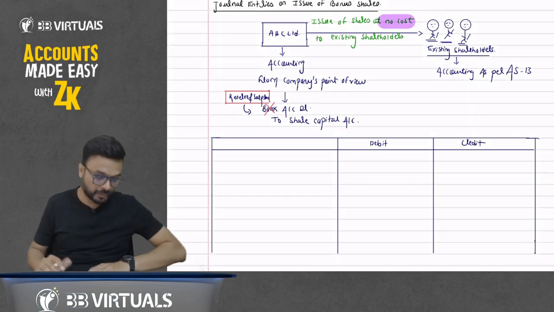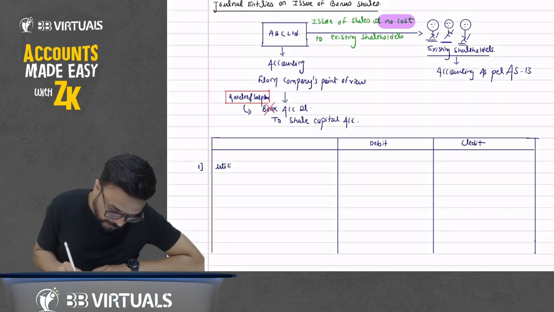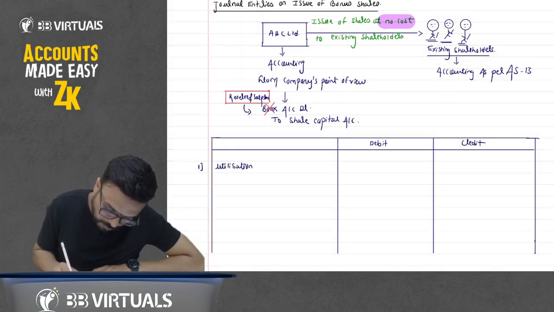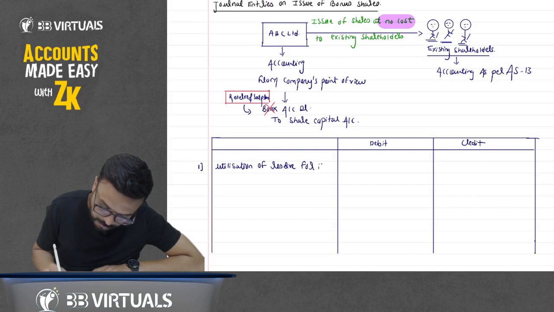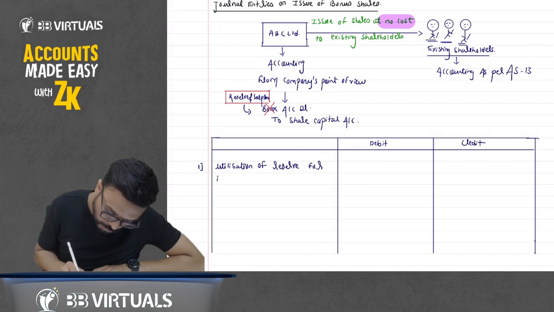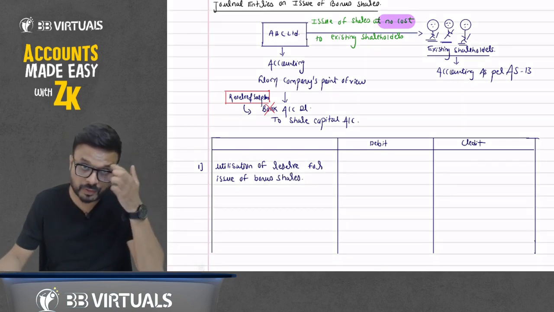First point here: utilization of reserve for issue of bonus shares.